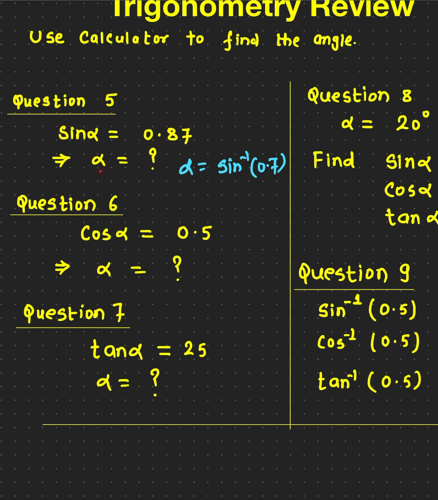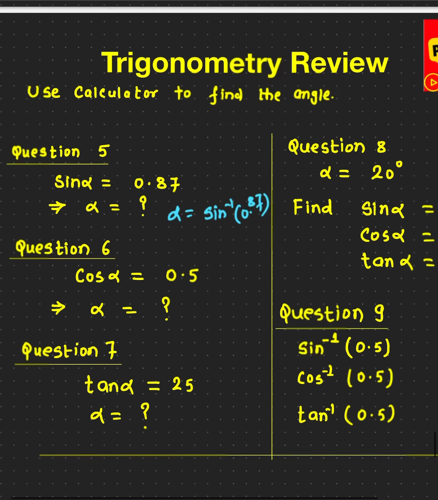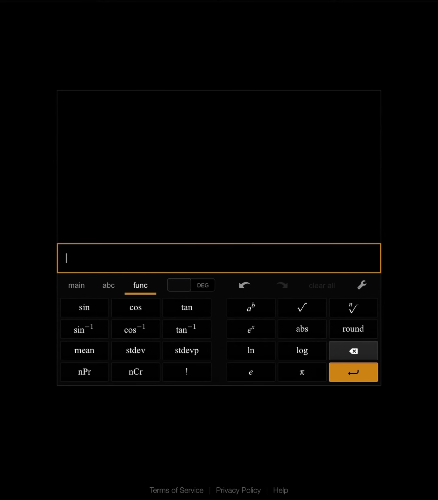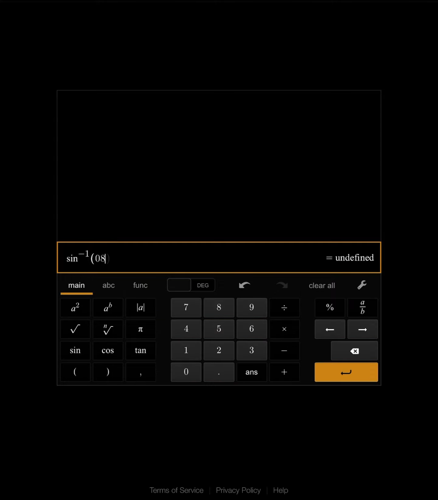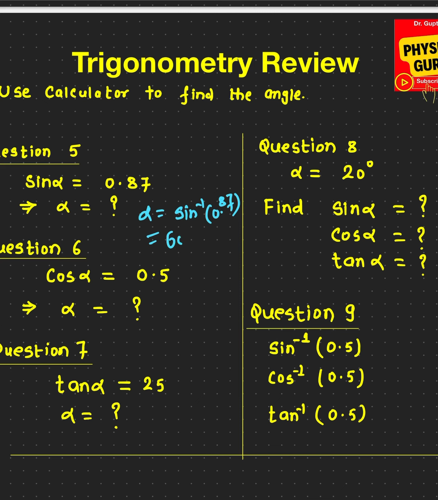So alpha would be sine inverse of this number, 0.87, and you can plug it into the calculator. Sine inverse 0.87. The answer is 60.45. So I got 60.45.